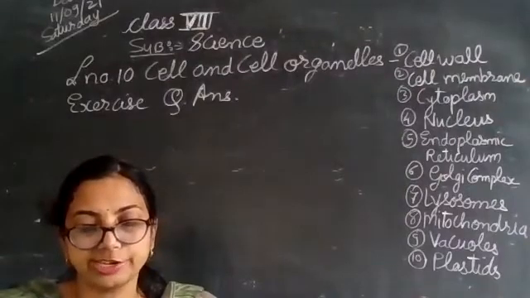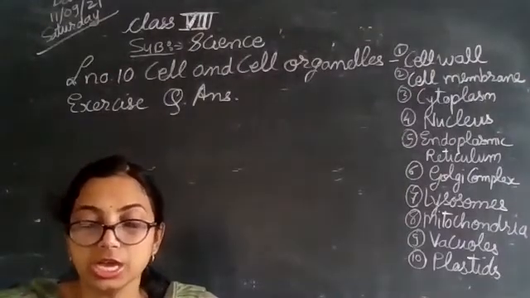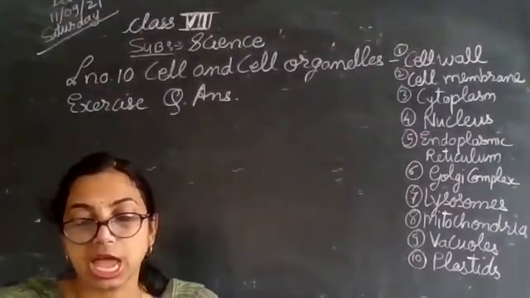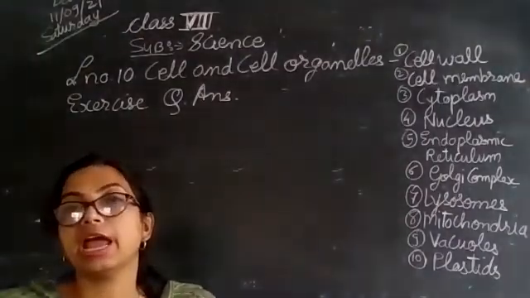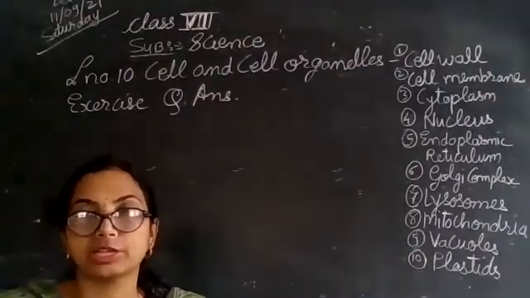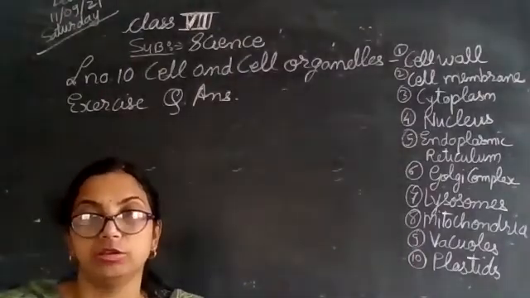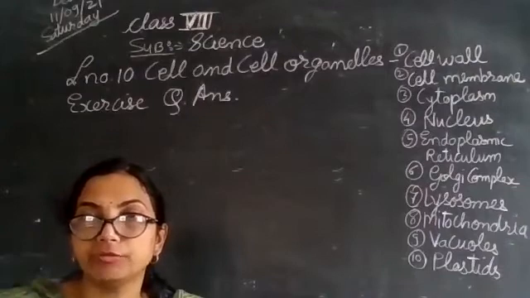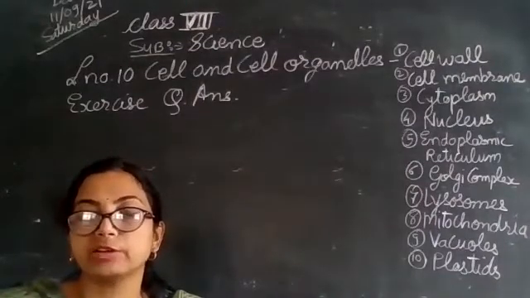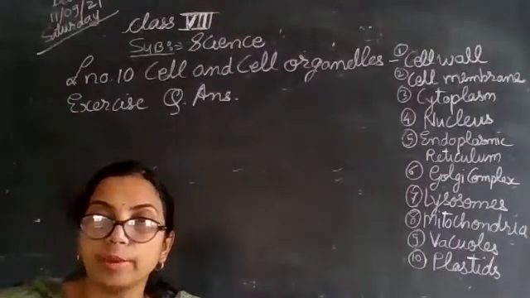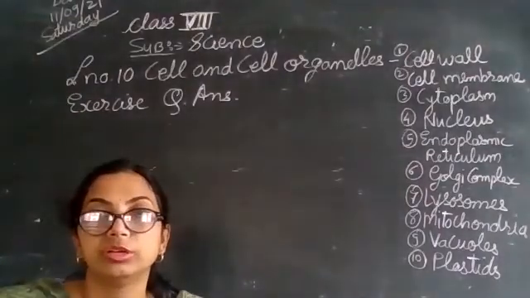Next set of words is DNA, ribosomes, and chlorophyll. You see, DNA and ribosomes are present in each and every cell. On endoplasmic reticulum, we have seen that there are ribosomes that make it rough endoplasmic reticulum.